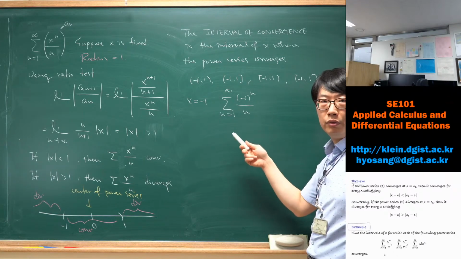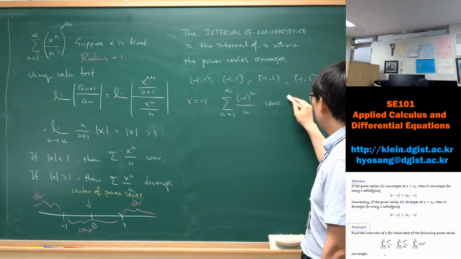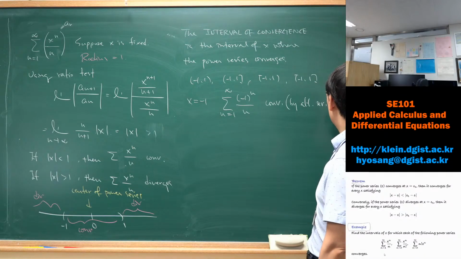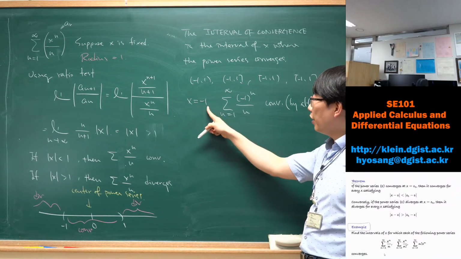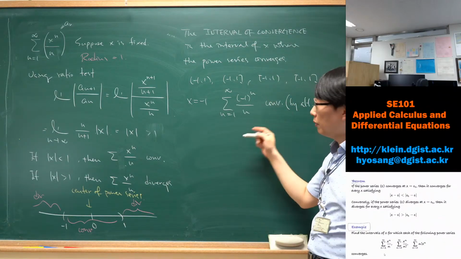It goes obviously to 0 when n goes to infinity. So this converges by the alternating series test. Okay. So -1 is included in the interval of convergence because it converges.